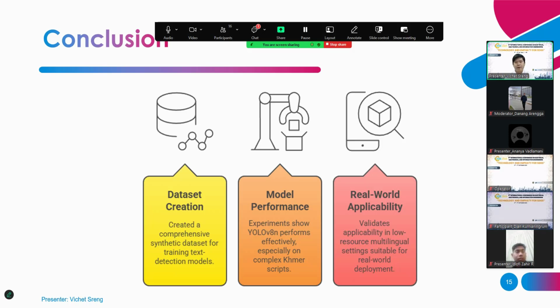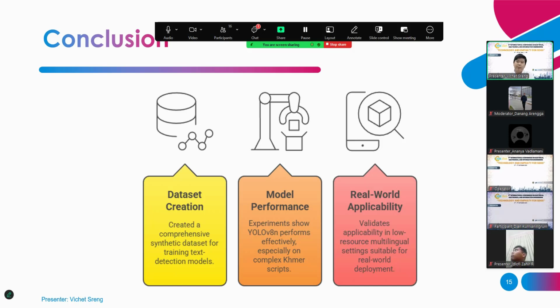The first is data creation: we generate a bilingual dataset by first detecting the free space on real shop banner backgrounds, then rendering the Khmer and English text realistically and exporting the YOLO V8 annotations. It gives us a large, diverse dataset for training in the Cambodian scene.